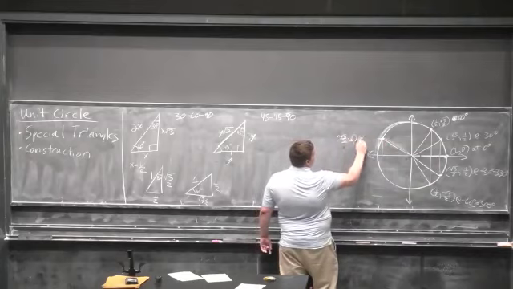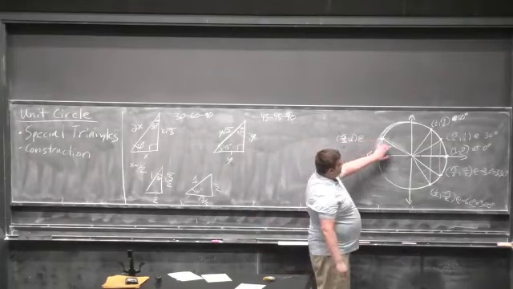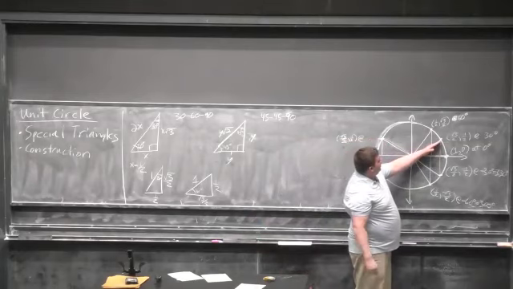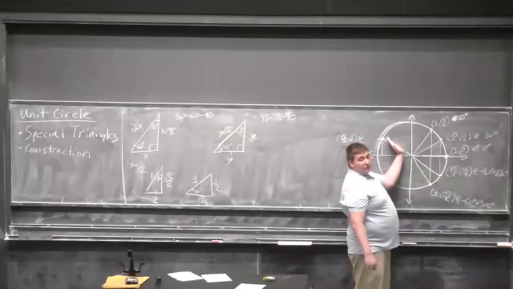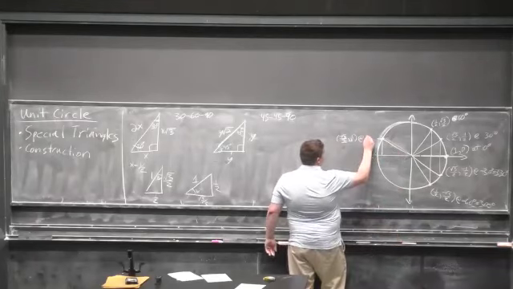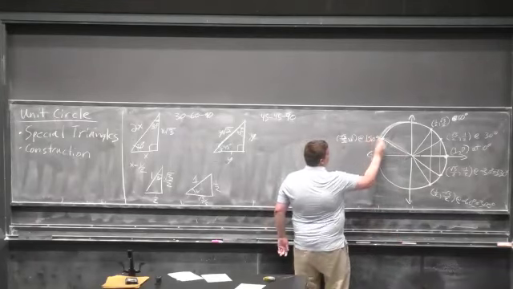And now where is this? Well, we're 30 degrees here. If this is 180, and we're going to take away 30 degrees, that means this is at 150 degrees.